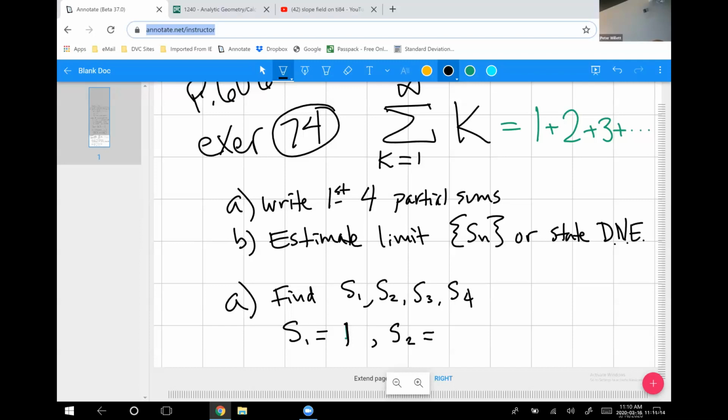So that's 1 plus 2, which gives me 3. S sub 3 would be the first 3 of those added, which would be 6. S sub 4 would be the sum of the first 3, which was 6, plus the 4th term, which is a 4, giving me 10.